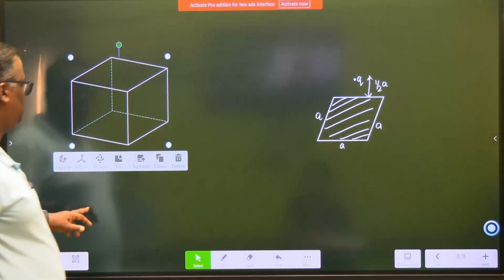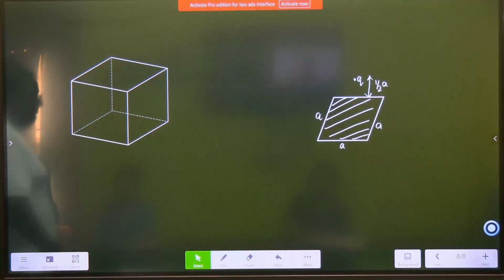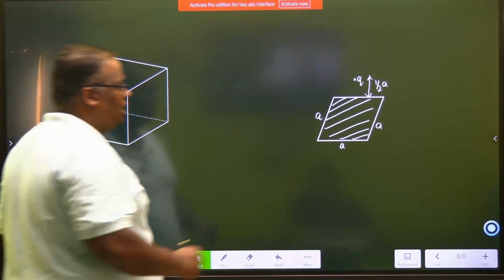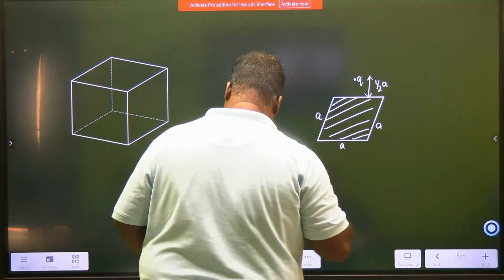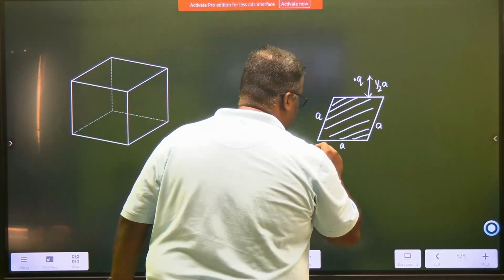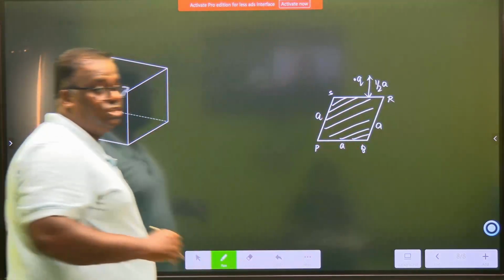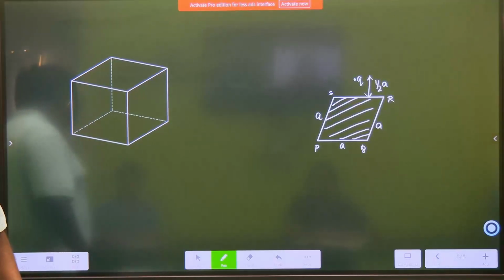Is this understood? You had a sheet. Let me name the sheet as PQRS. The charge is half A above the sheet.